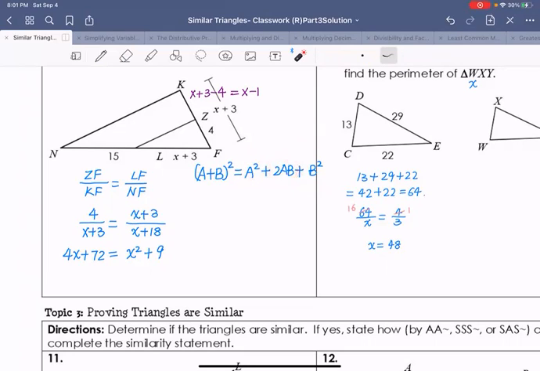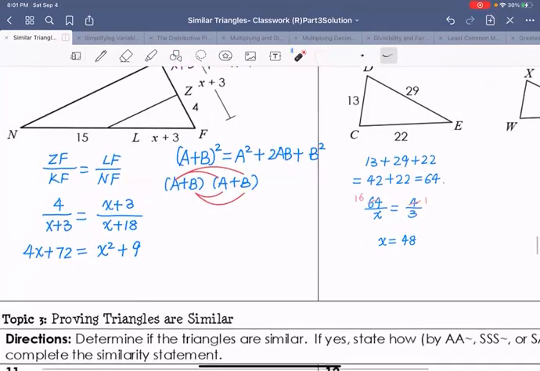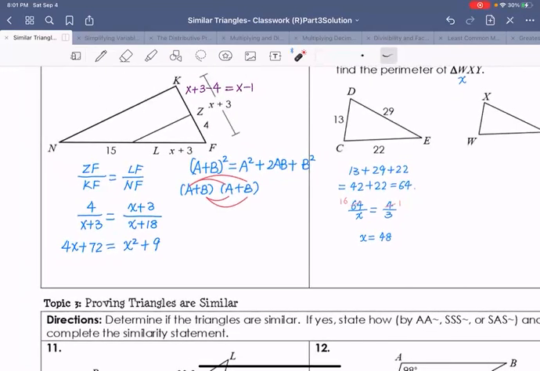Because if you do the following: A squared, AB, BA, B squared. So AB happened 2 times. That's why this is 2AB, okay? Does that make sense? Yeah.